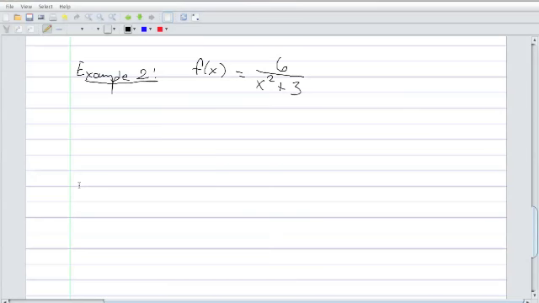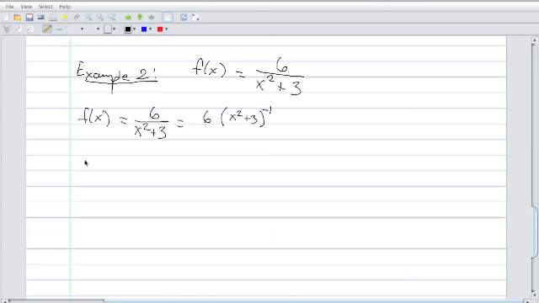So first we need to find f double prime. I'm going to rewrite the original function. So I have f of x equal to 6 divided by x squared plus 3. I'm going to rewrite this as 6 times x squared plus 3 to the minus 1.